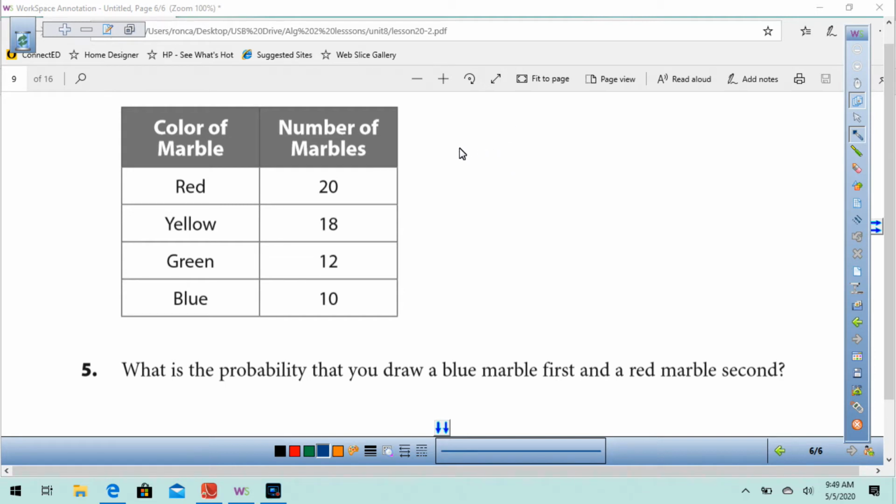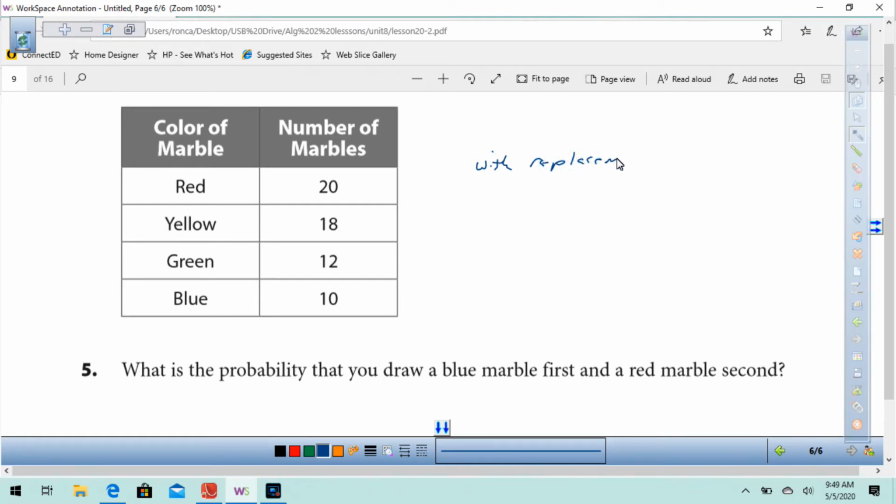Since we're putting the marble back, we're going to do this with replacement, which makes the two events independent.